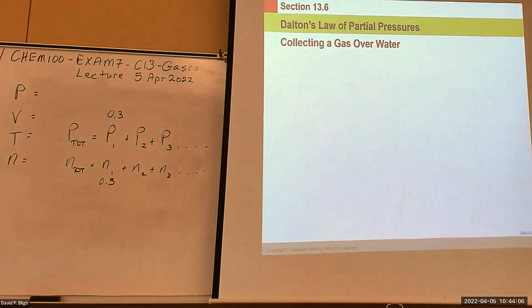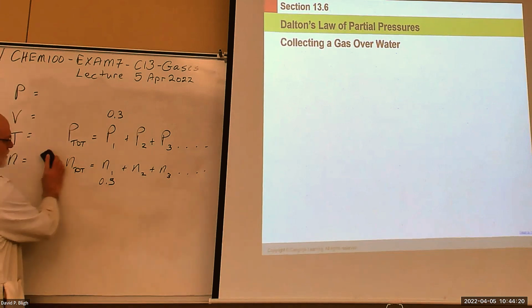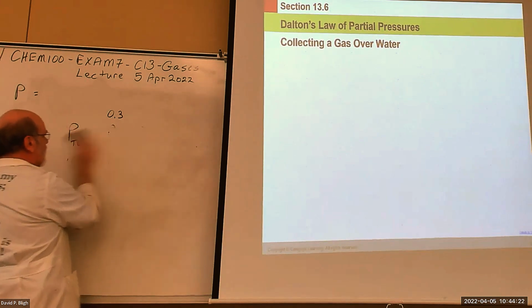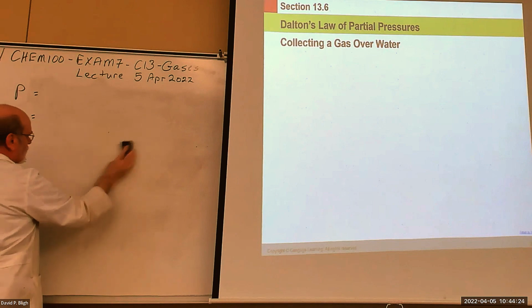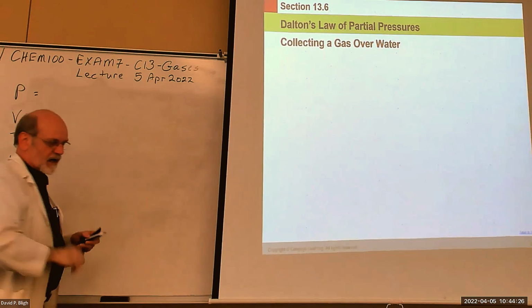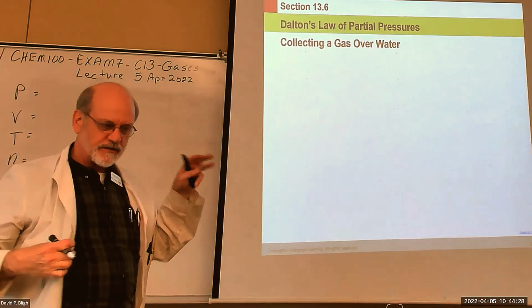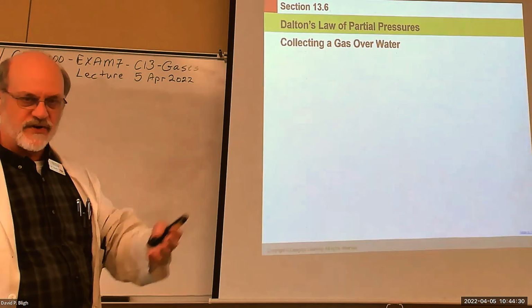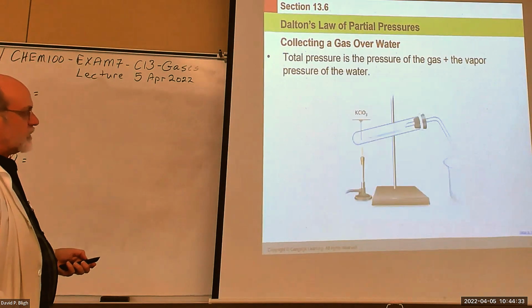Okay. Let's see. I'm going to have to skip this. This is a practical application of partial pressure. Hopefully we'll be able to do one of these when we review on Thursday. I'll just give you the particulars.